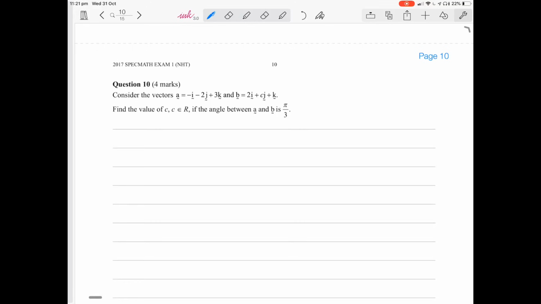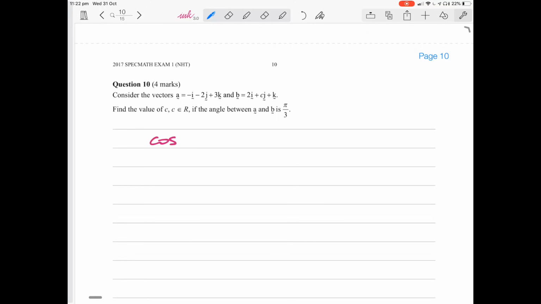Okay, consider those vectors. Find the value of C if the angle between A and B is pi on 3. So we know A dot B is equal to mod A mod B cos theta.